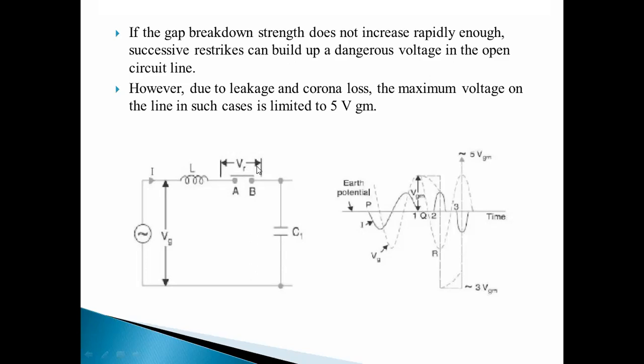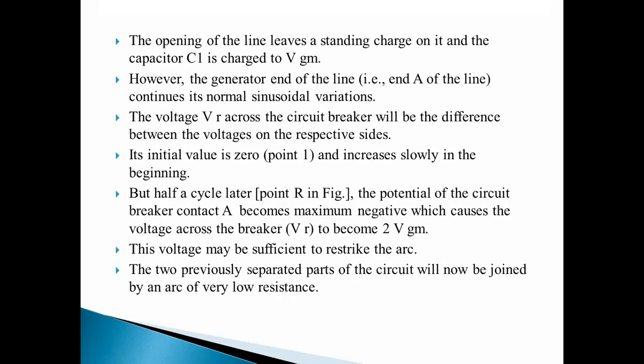Whatever the difference between these two is nothing but the voltage VR. So the voltage VR across the circuit breaker will be the difference between the voltages on the respective sides.